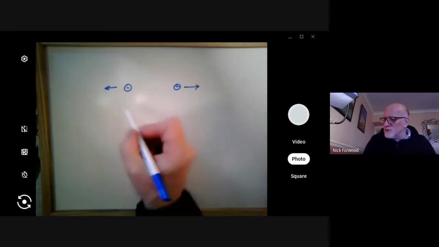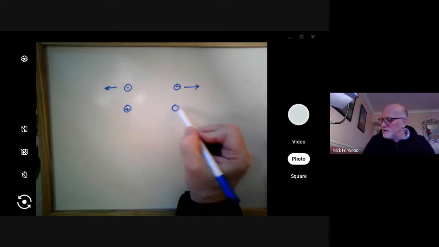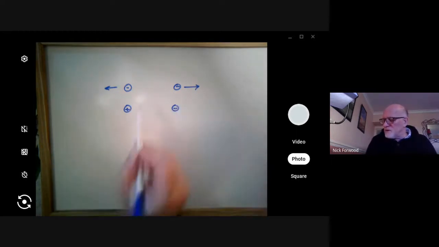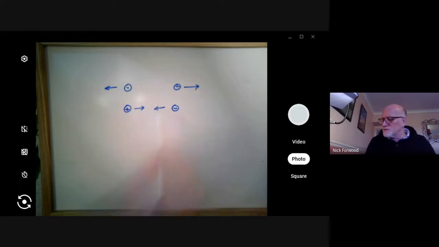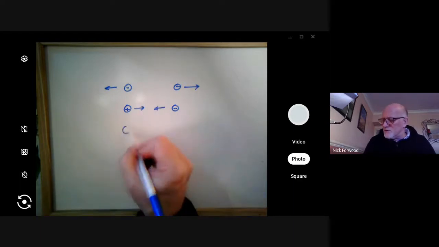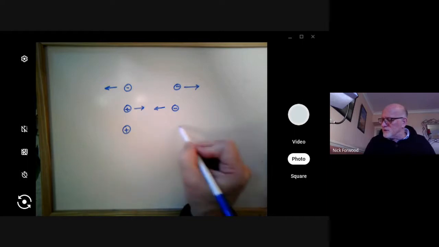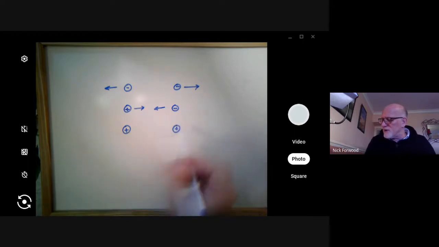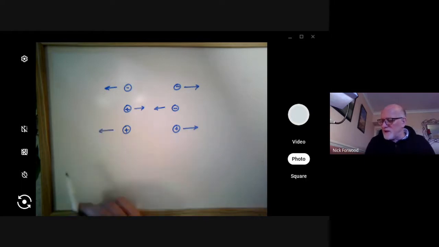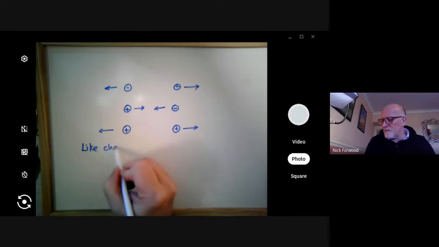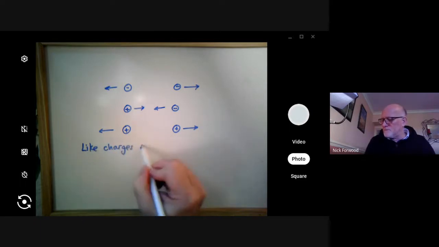You ought to know as well that if I've got a positive and a negative, they are going to feel the force around each other, and that's going to cause them to go towards each other. And the other one, which is very common, is obviously two positive charges, and they will repel as well. So we have a phrase: like charges repel.